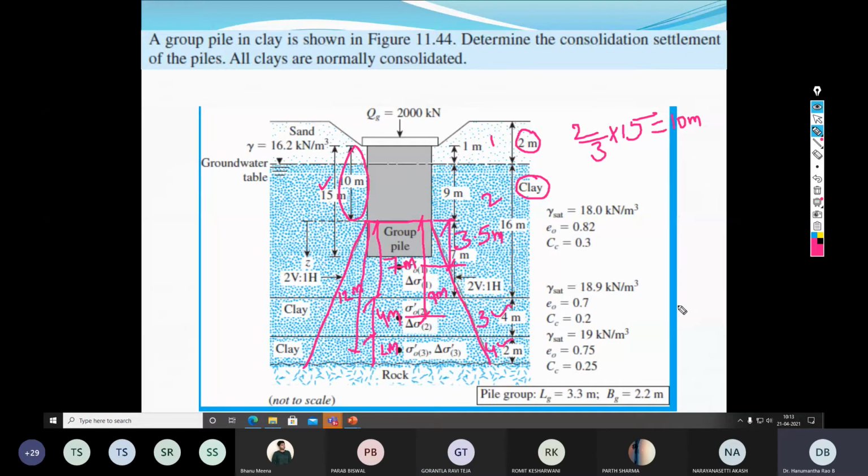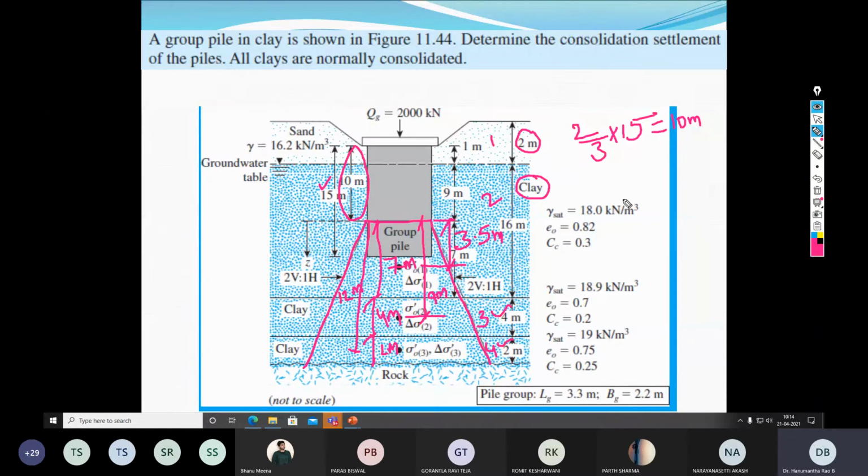Okay. So any other question? So what is the equation for consolidation settlement calculation? Just recall your soil mechanics.